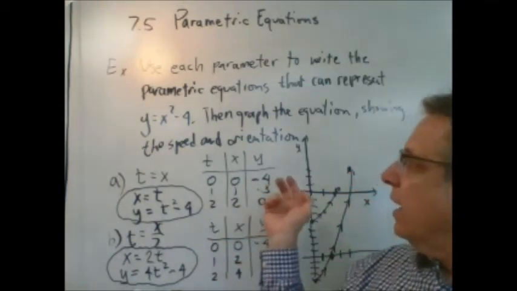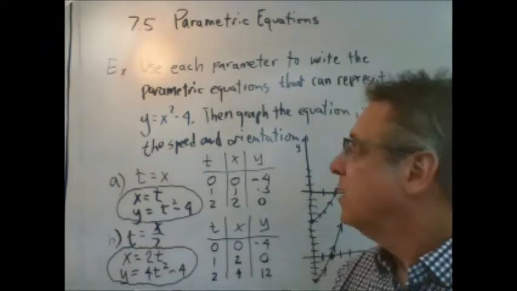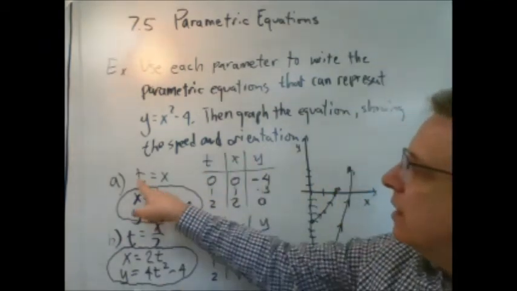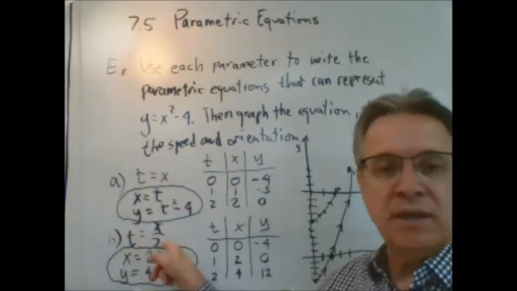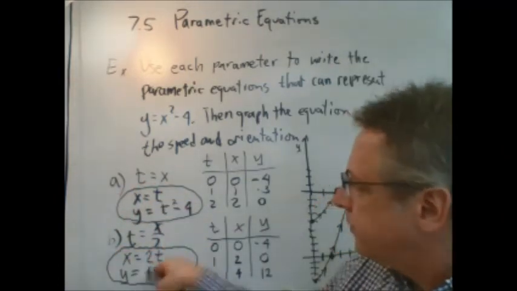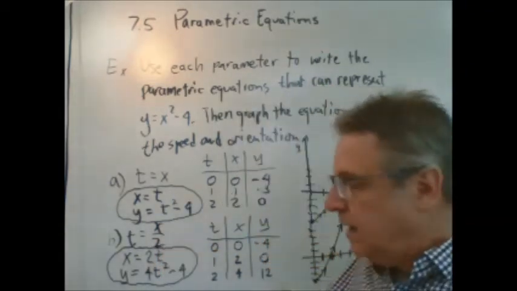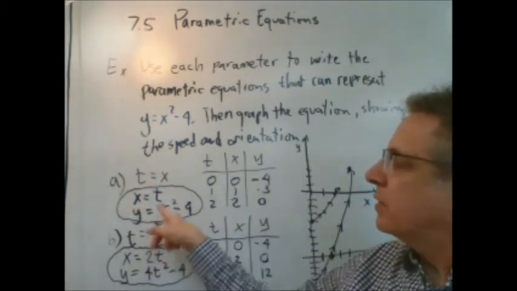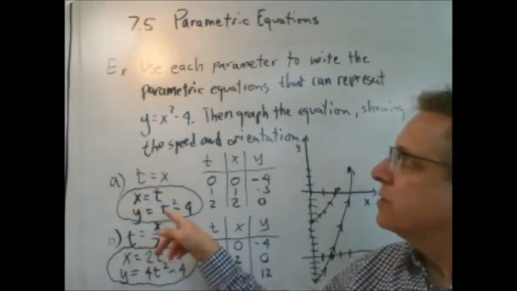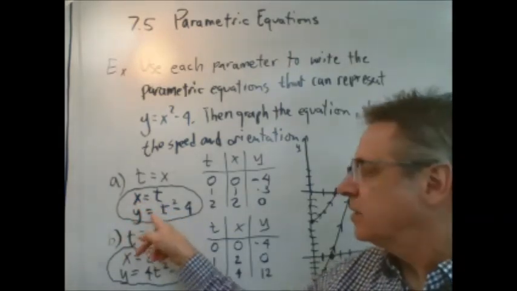I think the graphing part is not too difficult, right? Here are the parameters: a, t is equal to x, and b, t is equal to x over 2. If we use these parameters to write the parametric equations, we would always write those as x equals and y equals.